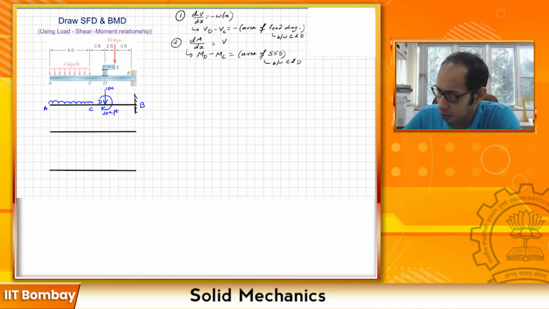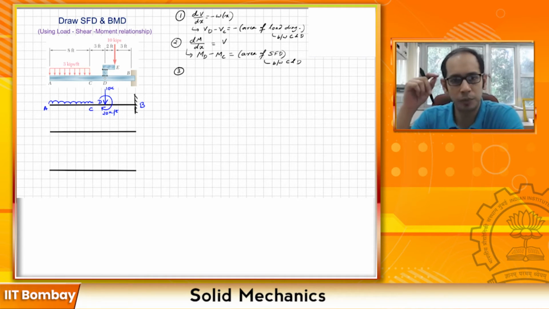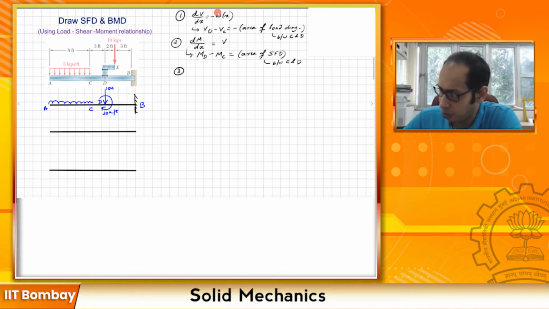The third and the fourth were because of the point load. These two were for the distributed load; the third one was for the point load. If you recall, we had that small element, and I'm going to mark the force on top of it with a force P. On either side you had the shear V and V plus V1, and the moments M and M plus M1.